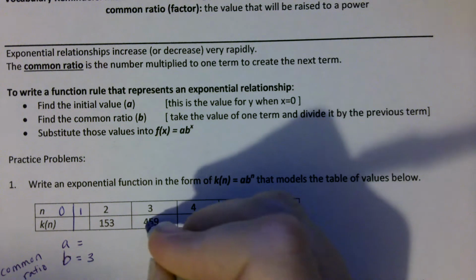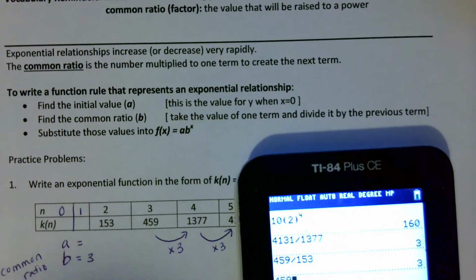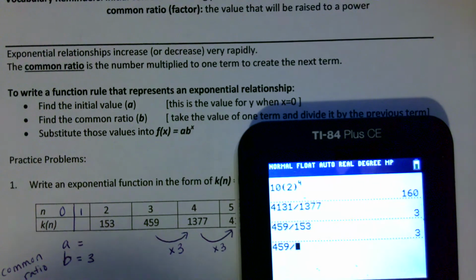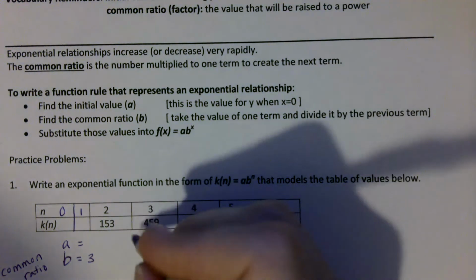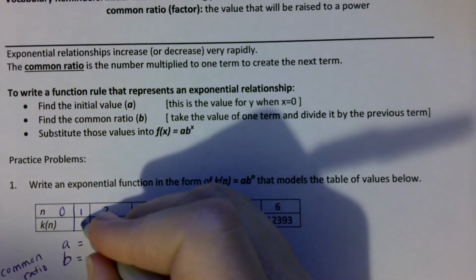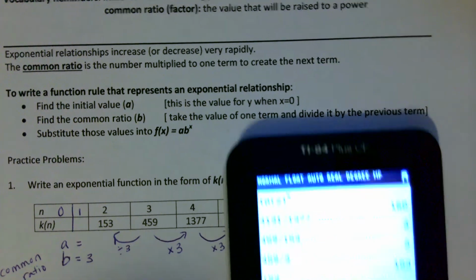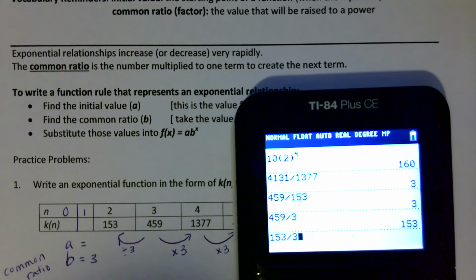So to go backwards, 459 divided by my common ratio is 153. So to go backwards, I'm going to divide by 3. To get my first term, I'm going to take 153 and divide it by 3.